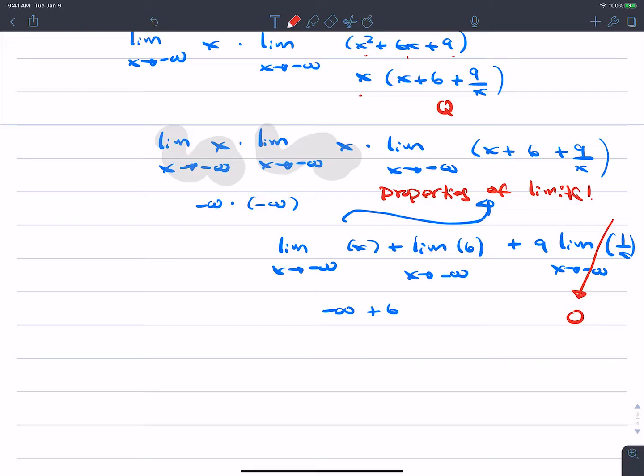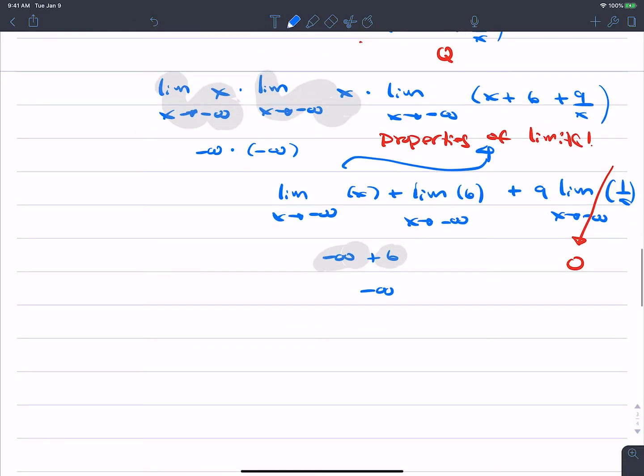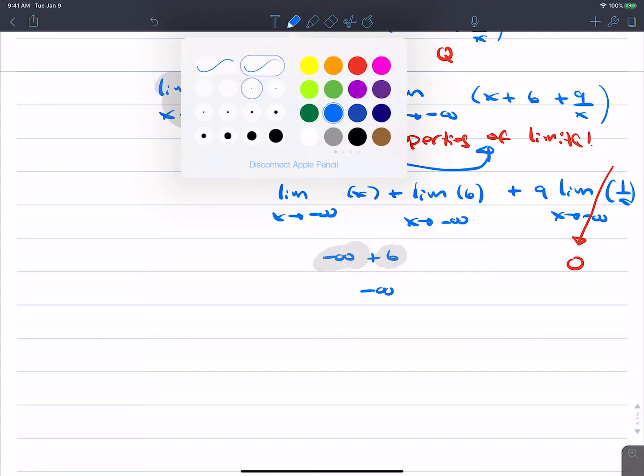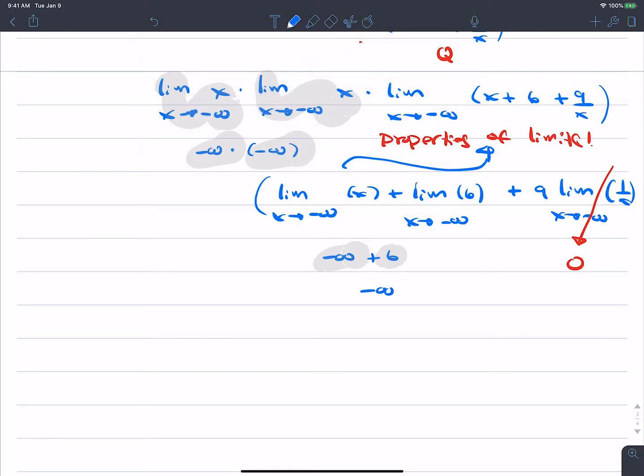And again, now if I owe Oprah money and I have $6, what's the deal here with this? This is still going to be what? Negative infinity. So let's summarize this here. I got minus infinity times minus infinity, and this whole thing here that we just did is also minus infinity.